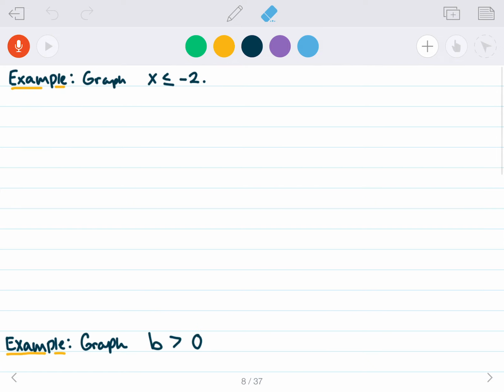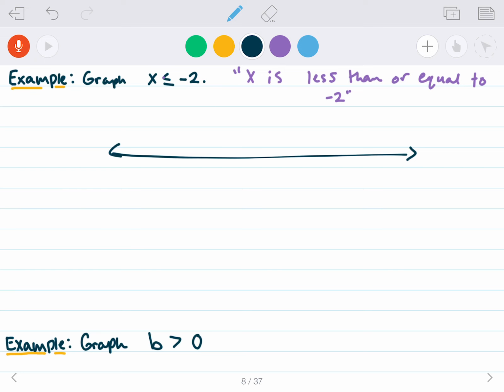Okay, let's do some more practice here. So how do we say this one? Reading from left to right, x is, okay, you always want to start with x is, and then I run into a point, so less than or equal to, because of the line underneath, -2. That's what that means. And I can show that on a number line by plotting -2 and showing the set that includes -2, so closed dot because of the line underneath, and everything less than -2.